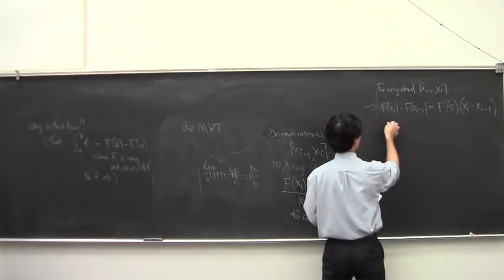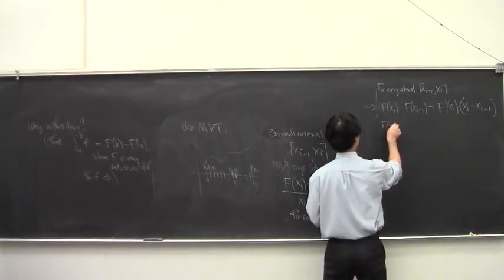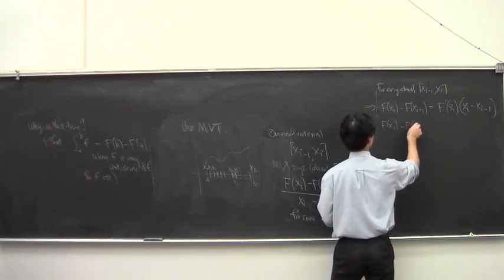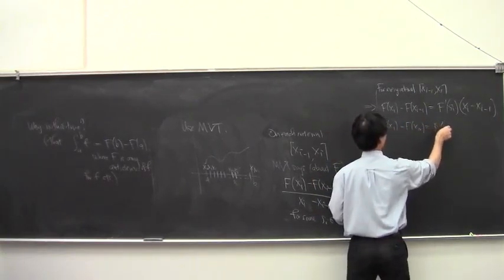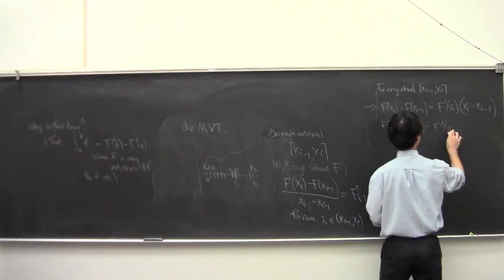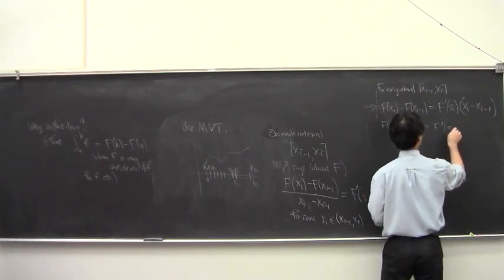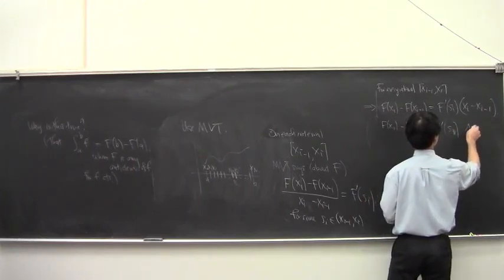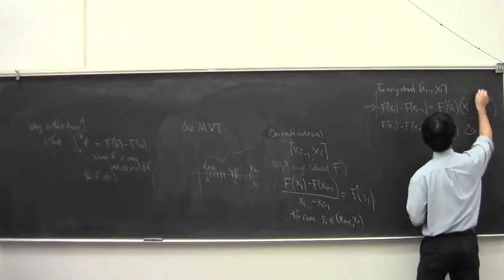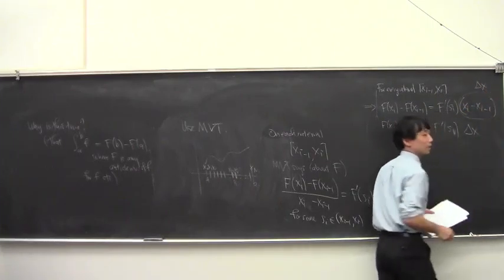For the first interval, what am I going to get? I'm going to get F of x1 minus F of x0 equals F prime of s1 times delta x. Remember that this thing is delta x.